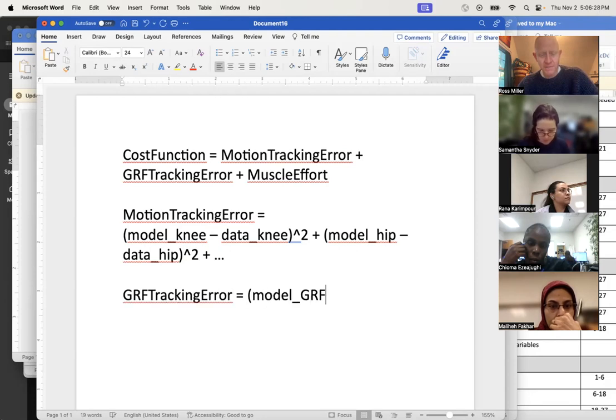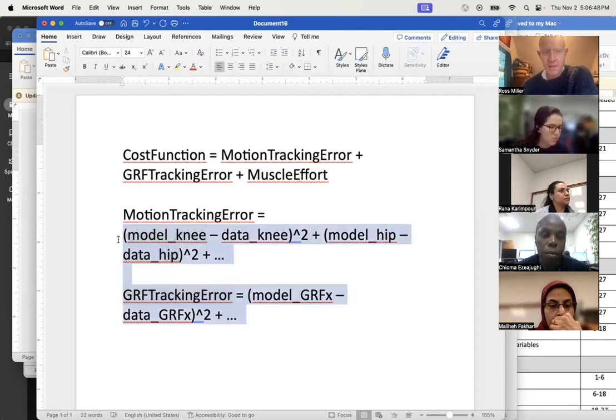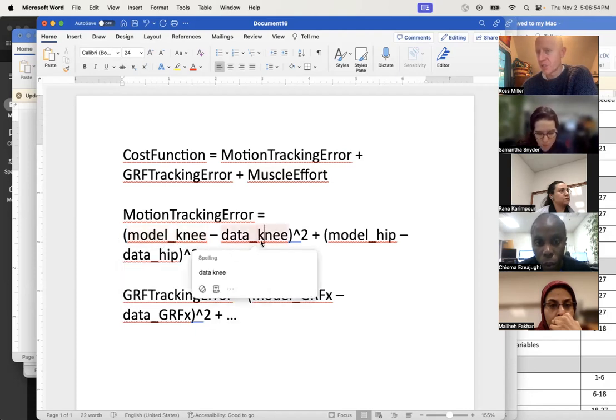Model GRF X minus data GRF X squared plus, you know, all three of those components. And you've got to come up with a weight on each one of those, right? What I've had good results with in the past, and how I still like to do it, is to weight these variables based on their standard deviations in experimental data.